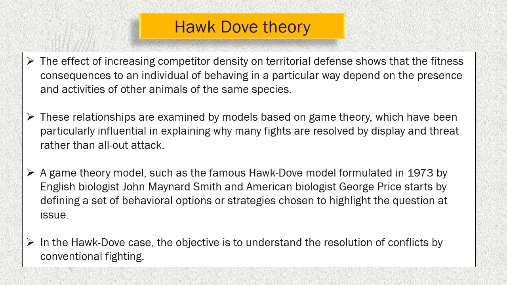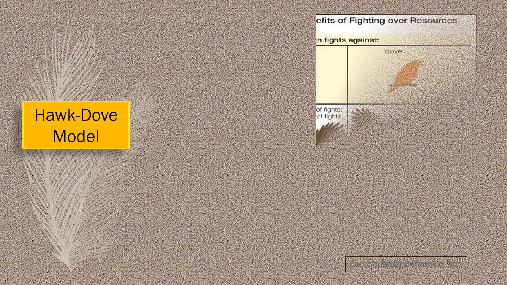The outcome of each game is determined by a payoff matrix, or a predetermined set of outcomes, the costs and benefits that result from different strategies. Let us explain the hawk-dove model.